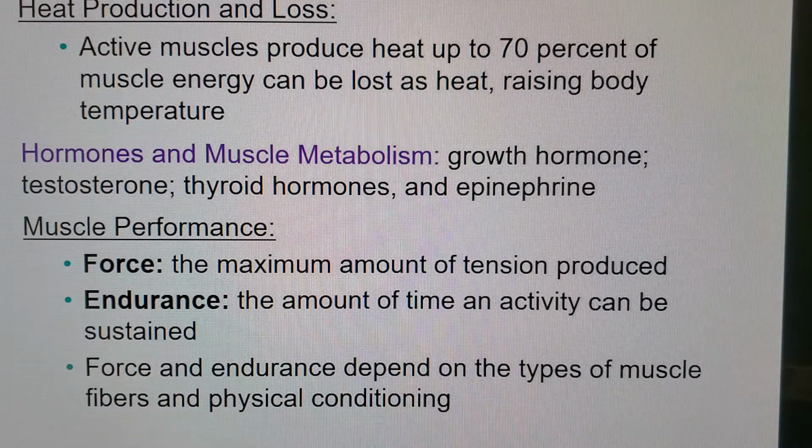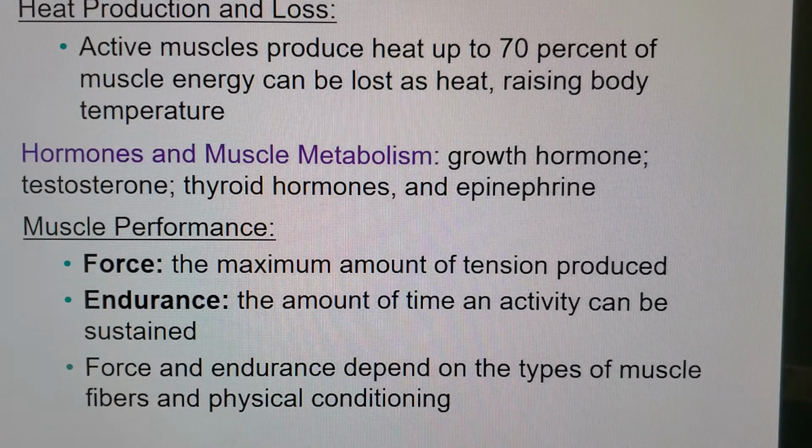Hormones and muscle metabolism. Hormones that influence muscle growth and muscle maintenance are growth hormone, testosterone, thyroid hormones, and epinephrine. Testosterone is something that some men will take to try to prevent muscle loss and perhaps try to gain some muscle, especially in their years where testosterone has lowered.